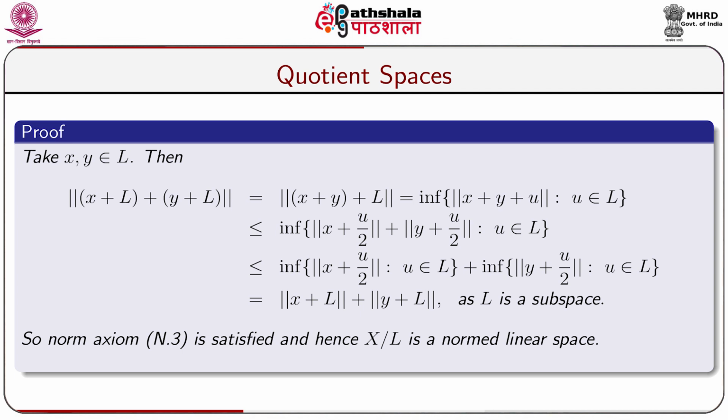So the third norm axiom is satisfied, and hence X by L is a normed linear space.